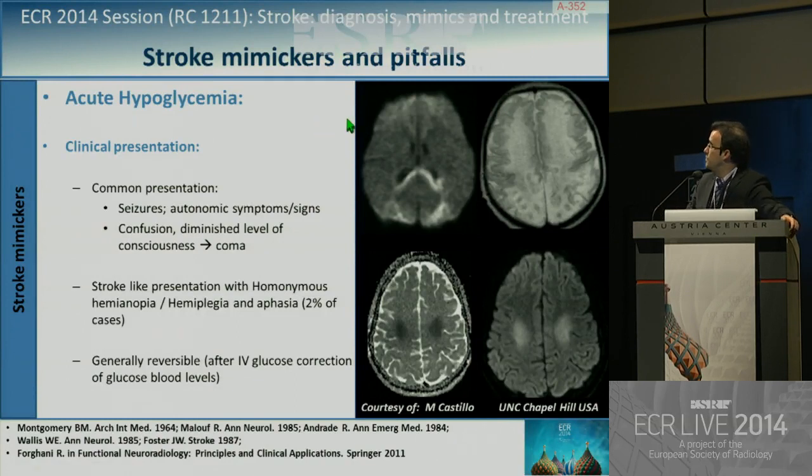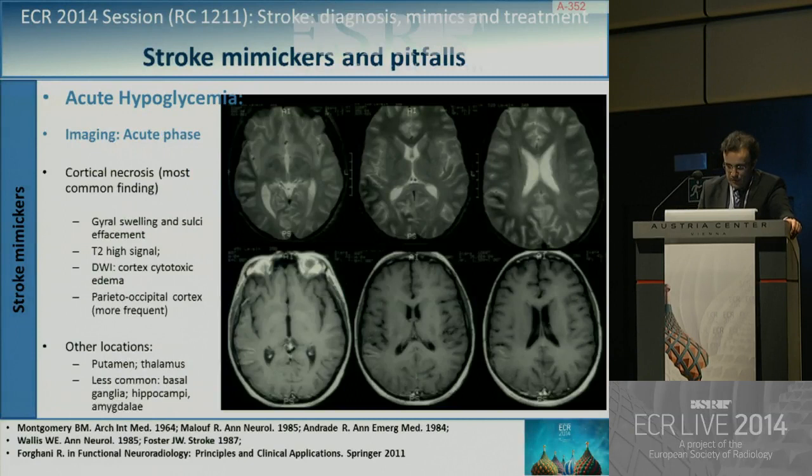These two cases provided by Professor Mauricio Castillo show neonatal hypoglycemia with bilateral necrosis of, in this case, occipital and also parietal lobes because it was more extensive. And in this case, the missing cortex sign with bilateral infarctions.